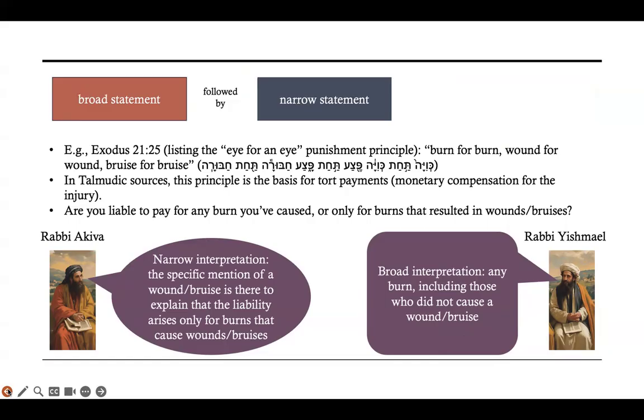The prat, the detail, is there to minimize the rule, to focus the rule. And Rabbi Ishmael would say ribui v'miut v'ribui, which is to say we're basically coming back to the general statement and the rule is the general rule.